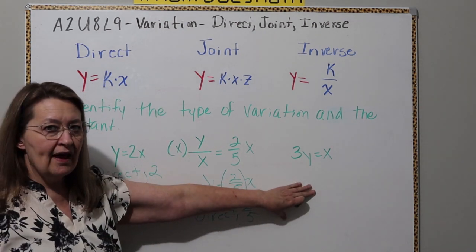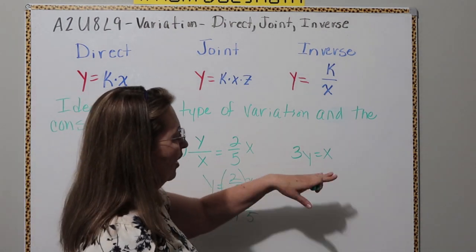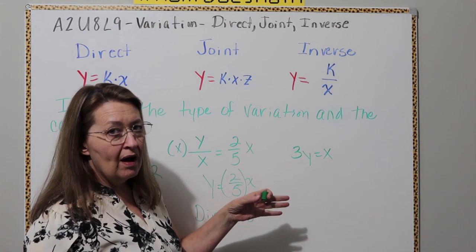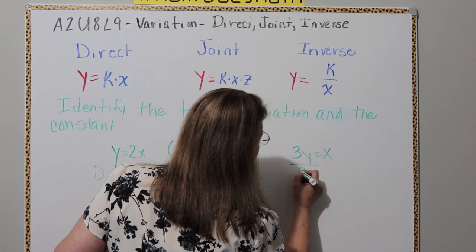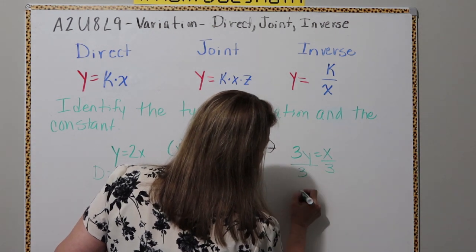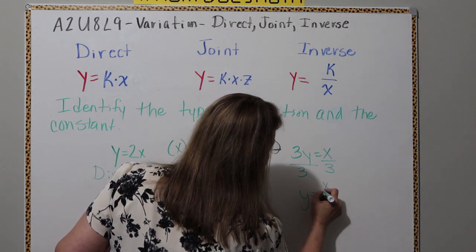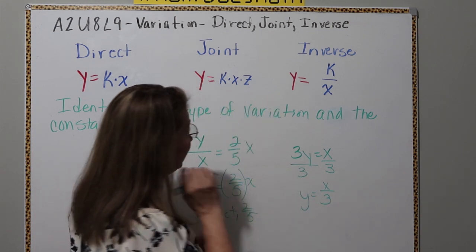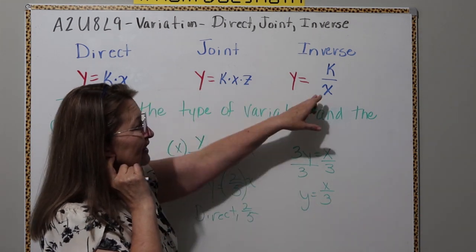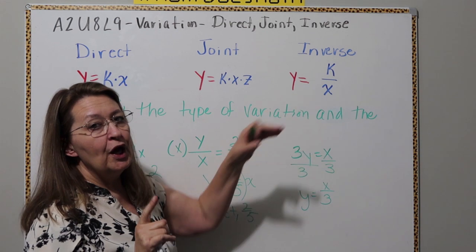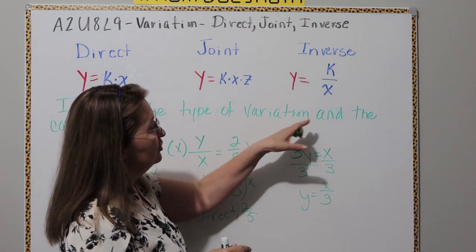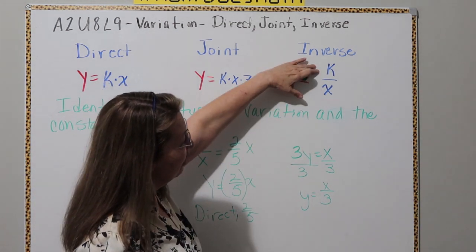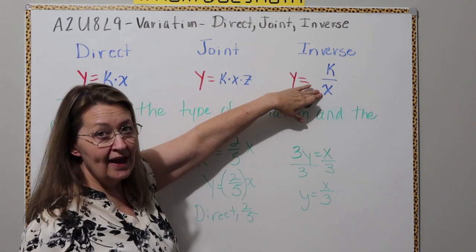All right, let's look at this last one. I have 3y equals x. I need to get y all by itself, so I'm going to divide both sides by 3. Now I have y is equal to x over 3, and it's very tempting to say, oh, this must be inverse. But you know what? It's not. Because your inverse function has your constant over your x.